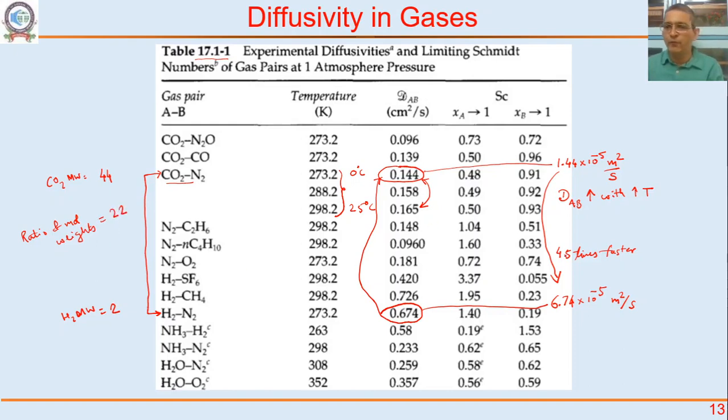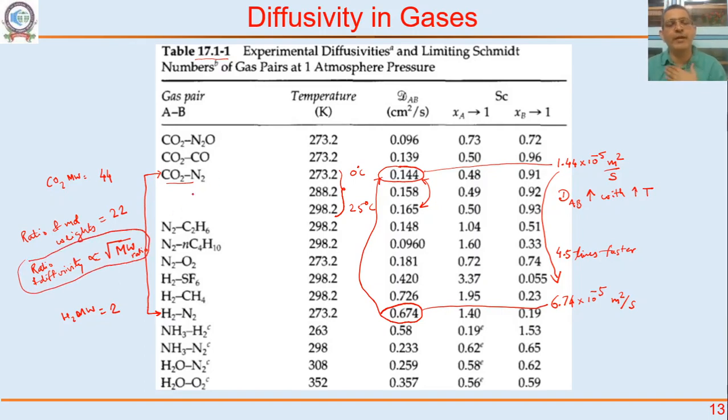This diffusivity being 4.5 times faster, the ratio of diffusivity is proportional to approximately the square root of the molecular weight ratio of the two gases. Okay, we'll see the scientific basis for this, and this forms a basis for many separation processes.